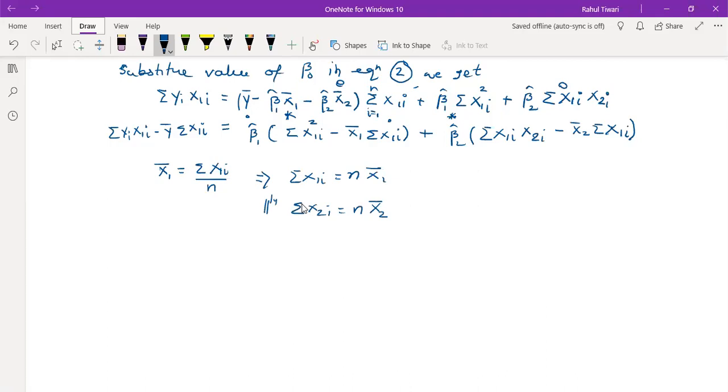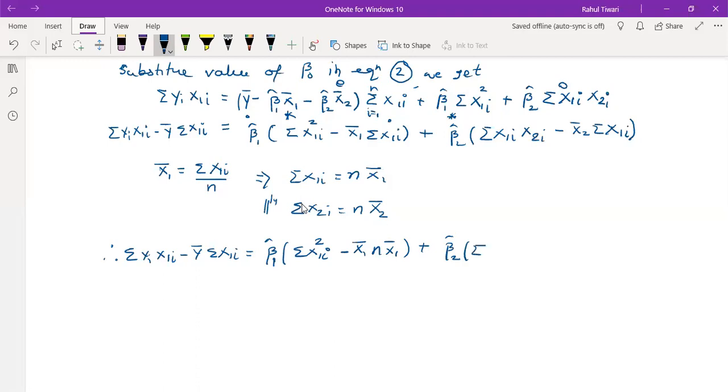So it is now therefore summation yi x1i minus y bar summation x1i is equal to beta 1 hat summation x1i square minus x1 bar, and this quantity will be replaced by n into x1 bar, plus beta 2 hat, and again this quantity we cannot replace because this is in the form of multiplication, so keep it as it is.